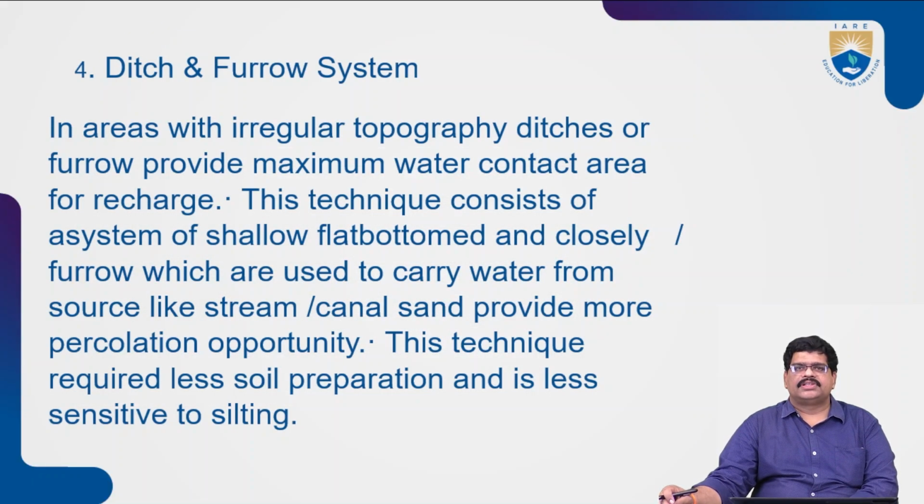Ditch or furrow system. In this type of system, with irregular topography, ditches or furrows let the maximum water area be recharged. They are flat and closely spaced furrows used to carry water from sources like streams and canals and provide percolation opportunity. These techniques can also be used for smaller areas.